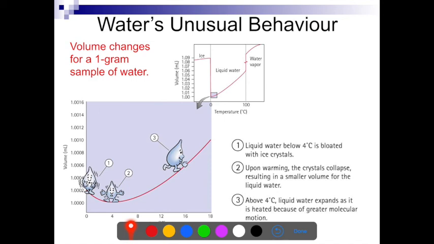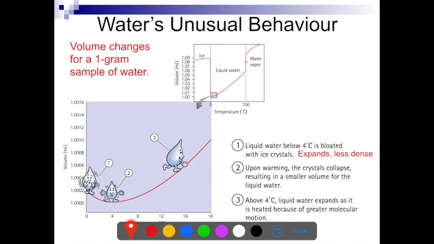So what's happening here? As the water temperature goes below 4 degrees Celsius, ice crystals begin to form. And so water becomes bloated with ice crystals, and that causes the volume to expand.